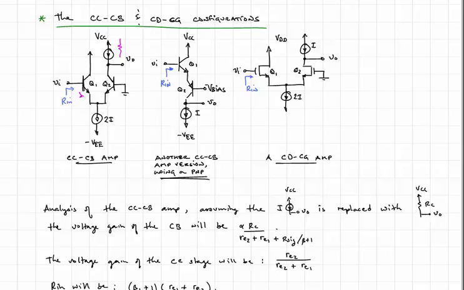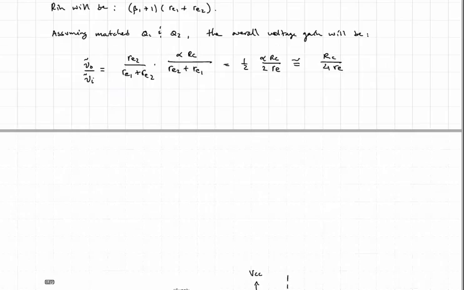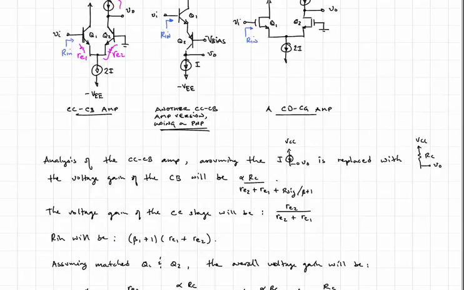We would have an RE1, and we can't go through this current source here, because at signal level you turn that off. It's an open. But we do have a path back here. We have an RE2 back to ground. So the input resistance ends up being beta 1 plus 1 times the sum of the two small signal emitter resistors of Q1 and Q2.